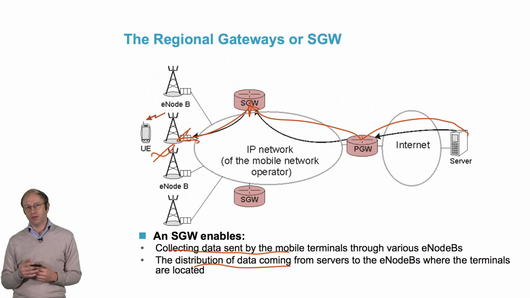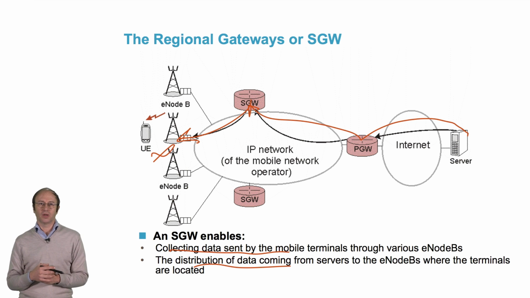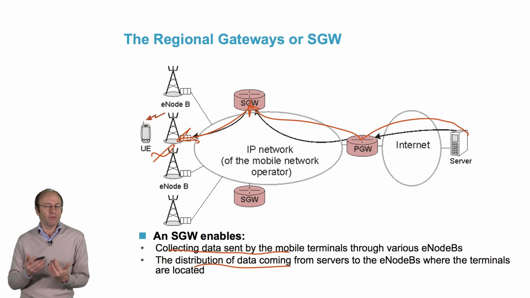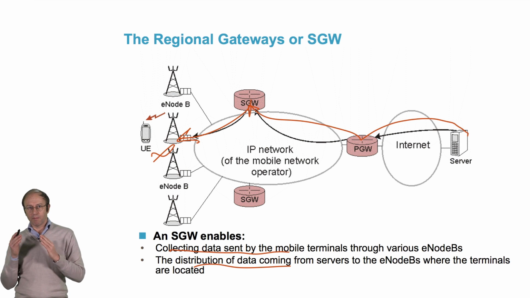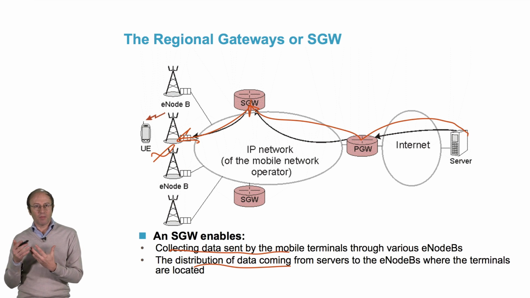The serving gateway and the packet gateway are two very important elements of the core of the 4G network. Something to note is that the packets that make up the data stream, for example, the video stream I look at on my smartphone, go through the P gateway, it's the entrance, and the serving gateway, which is linked to the place, the region where I'm located.